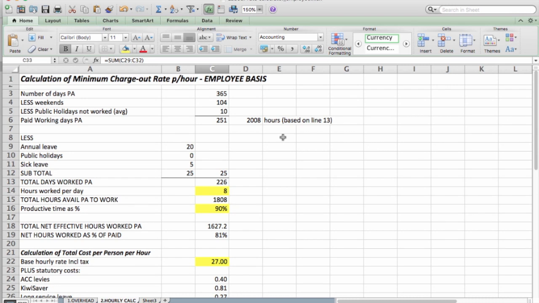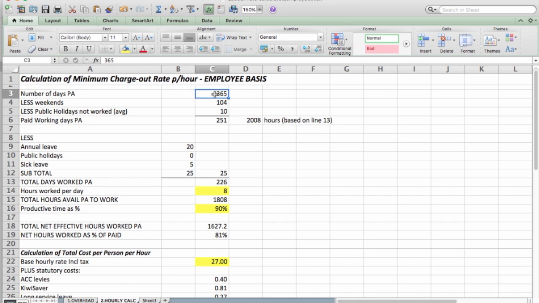So now we just jump on to figuring out this hourly calculation here. And this sheet, just as a note, is on the basis of the business having employees. If you use labour-only contractors to provide your labour, then obviously the calculation is probably a bit simpler because you don't have to worry about holidays and that kind of stuff. But for argument's sake, I'm assuming here that I have employees that I pay on a PAYE basis working for me.